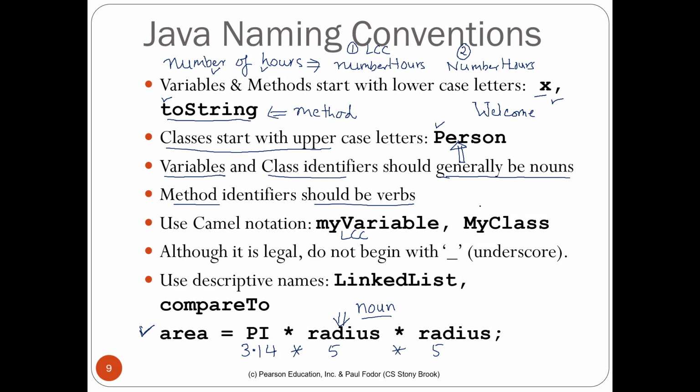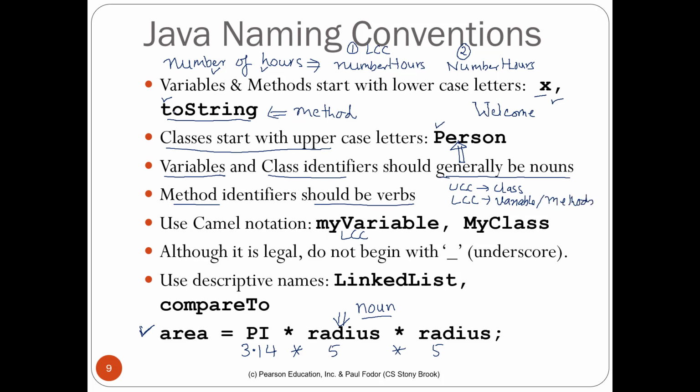Now for classes, we use upper camel case. So upper camel case is for class names, and lower camel case is for variables and methods.